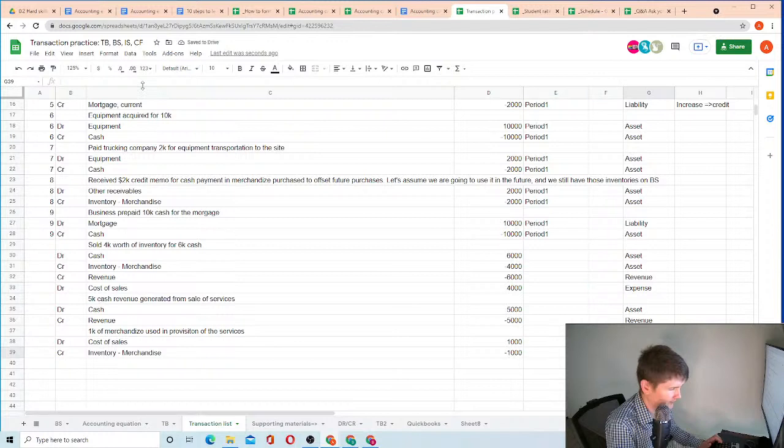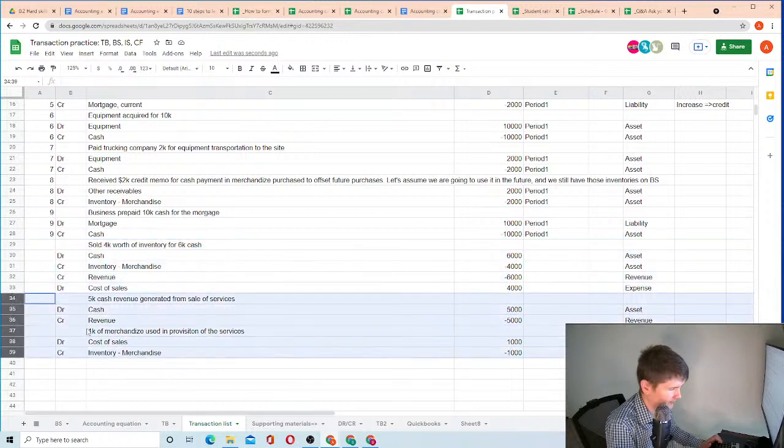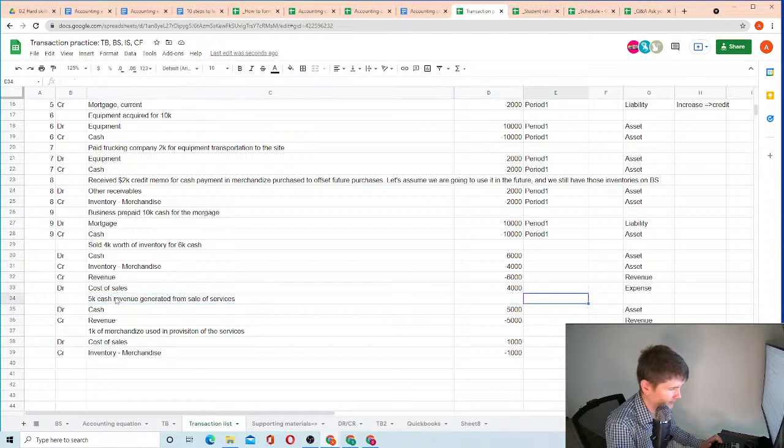Tell me in comments what way of presentation looks more intuitive to you. When we do an entry of like 4 lines and try to figure out all debits or credits, or when we break down the entry into 2 parts and first reflect the revenue part, the part which generated cash, and then we match the cost of sales part to the entry.